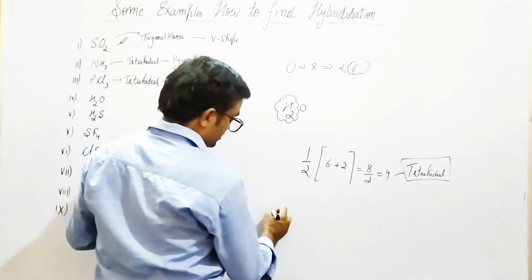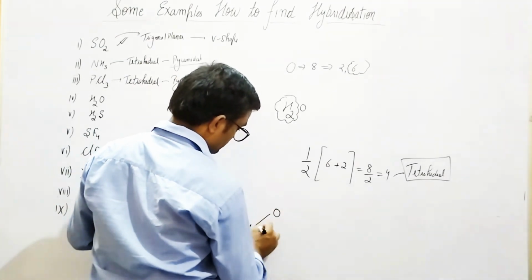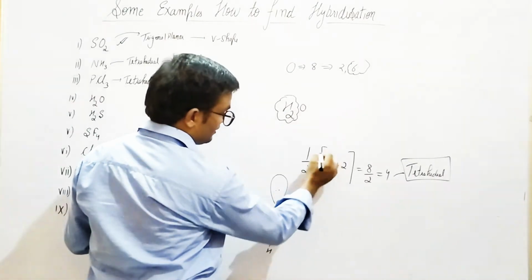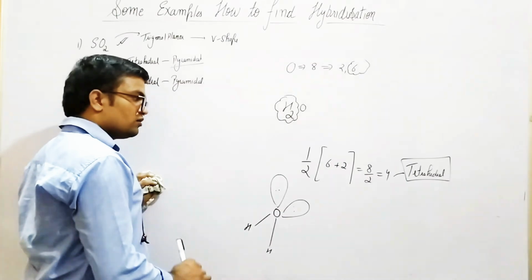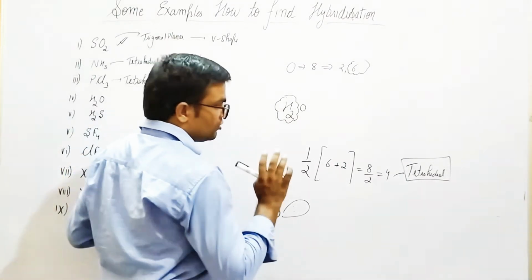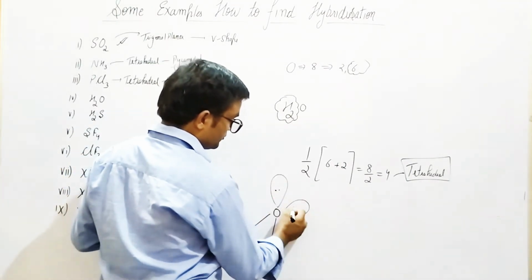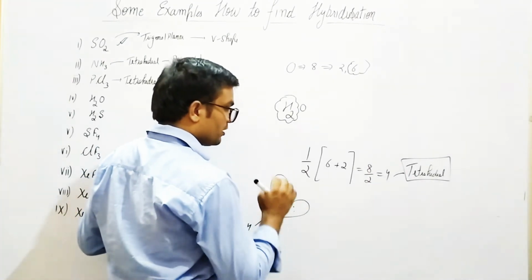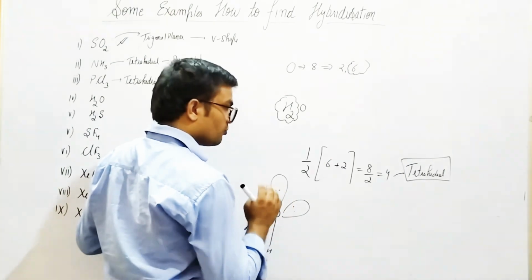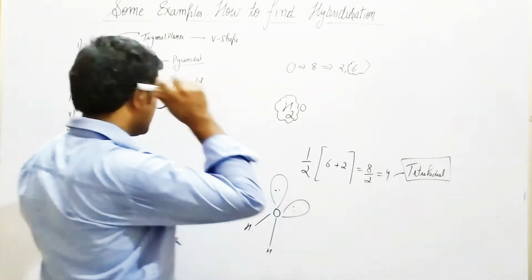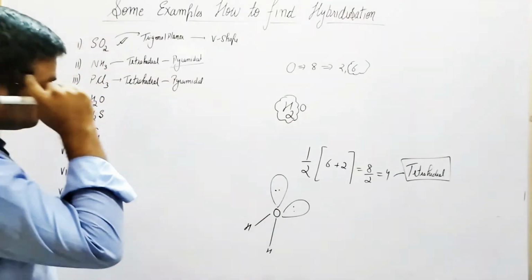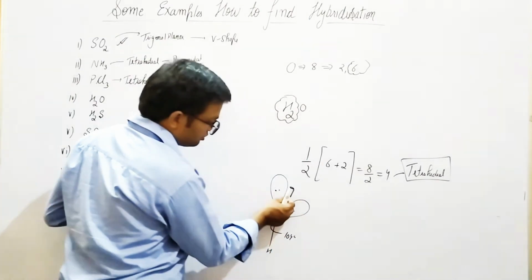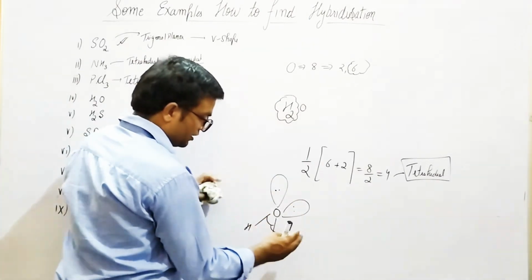But the shape comes out to be, let's check it, hydrogen. There are 2 lone pairs, because out of 6 valence electrons, 2 are used in bond pairs, and the left 4 electrons behave as 2 lone pairs. Therefore, due to lone pair repulsion being more, we know lone pair lone pair repulsion is greater than lone pair bond pair, and last, bond pair repulsion is minimum. Therefore, the angle comes out to be 104 degree, because these lone pairs will push the bond pairs and they will compress.